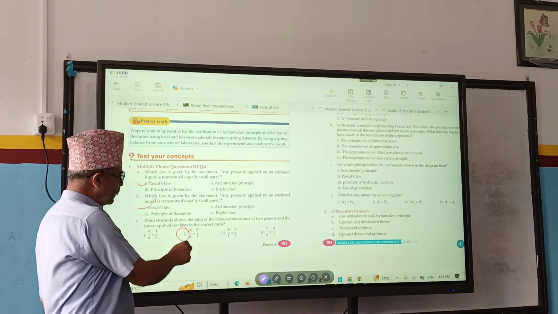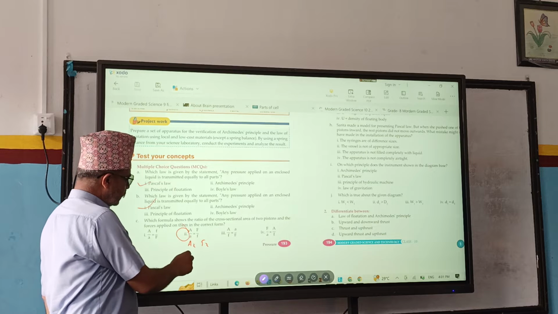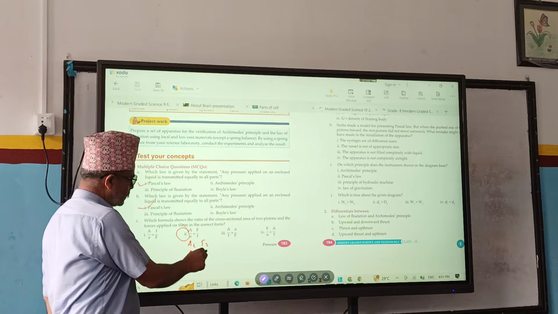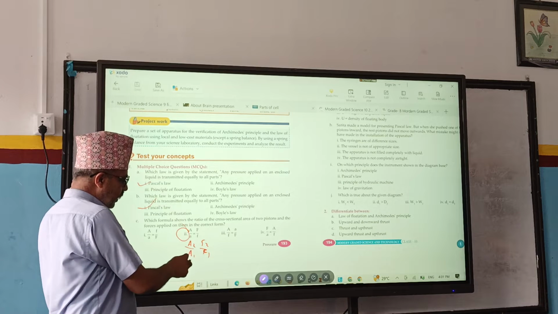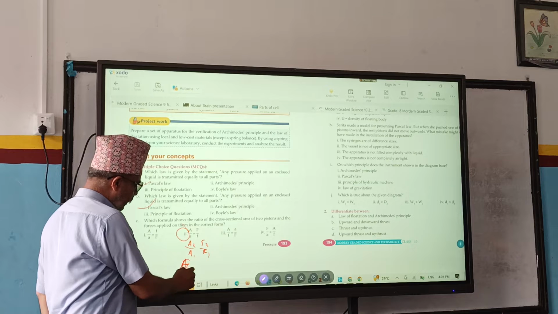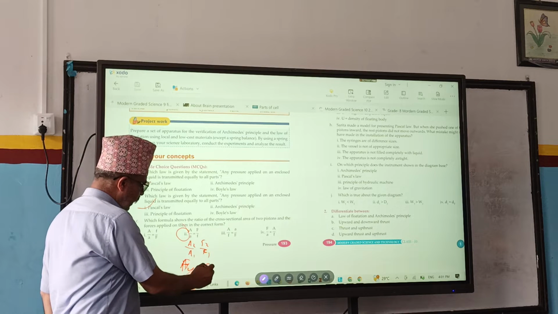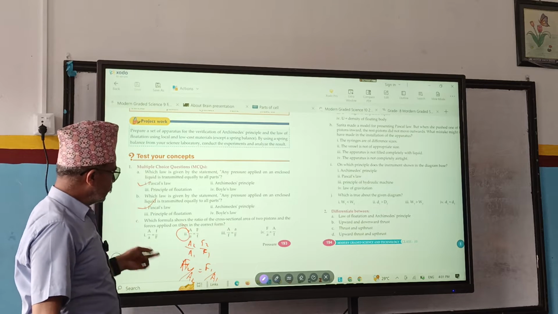This is A2, here is F2, this is A1, this is F1. So F2 by F1 equals A2 by A1, or we can write F2 by A2 equals F1 by A1, right? This is okay.